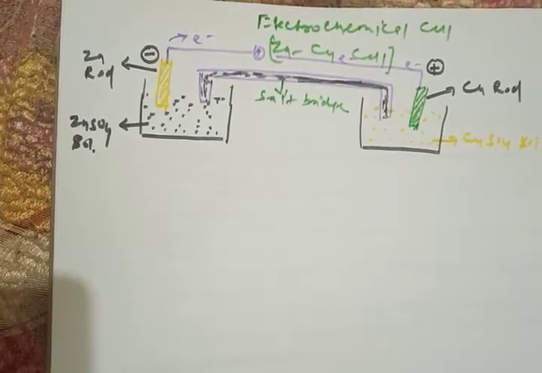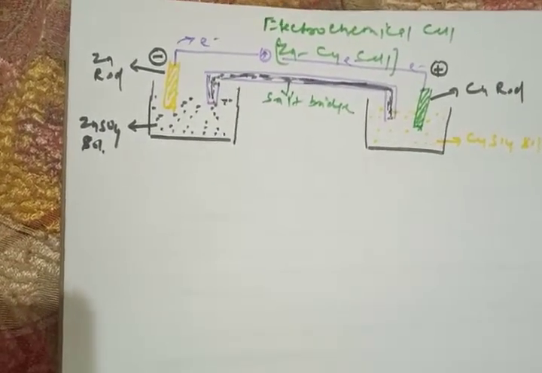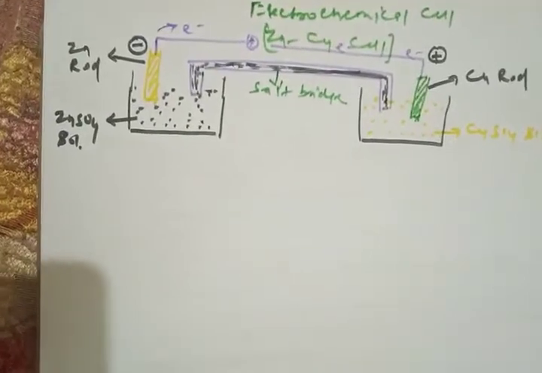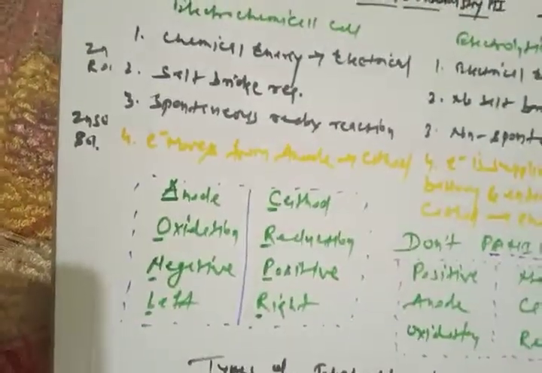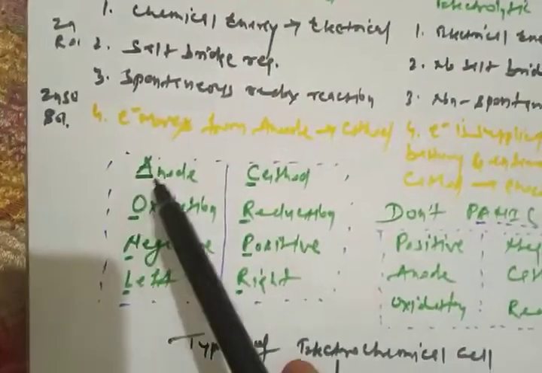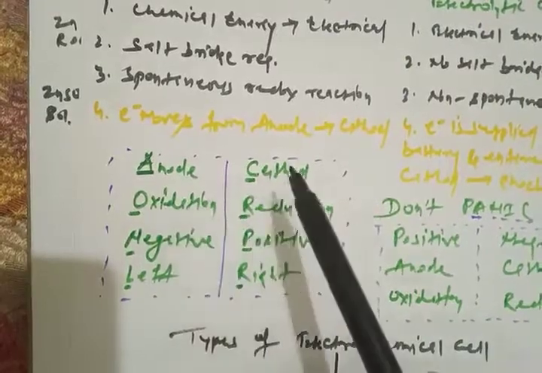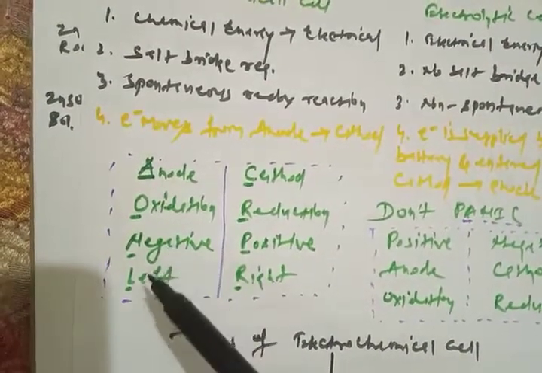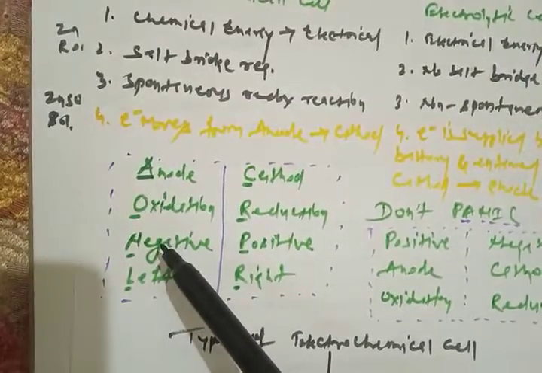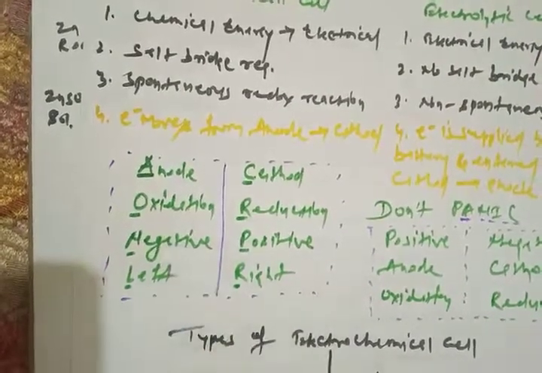As we discussed in the electrochemical cell, the anode is the part where oxidation occurs and the cathode is where reduction occurs. That means the negative side on the left is where oxidation occurs.